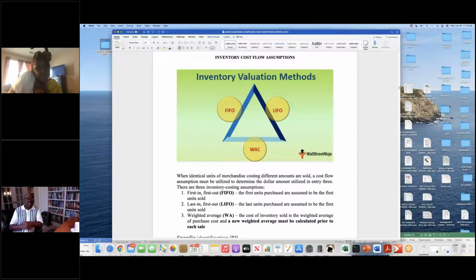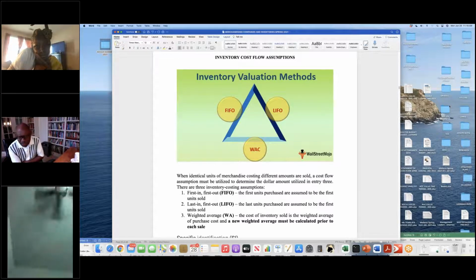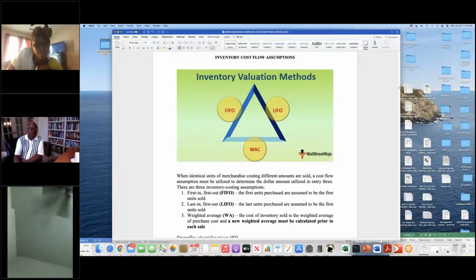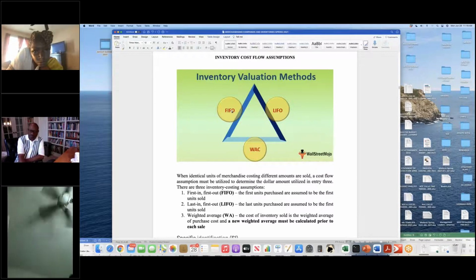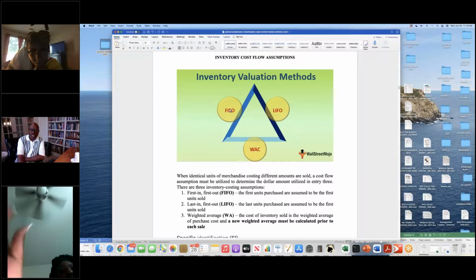Okay, so you can see we had the situation where we buy inventories at different amounts, and so we have to have a valuation method. There are 3 methods that we utilize. FIFO, which is first in, first out, which everybody's expected to know, where we sell the oldest one first.